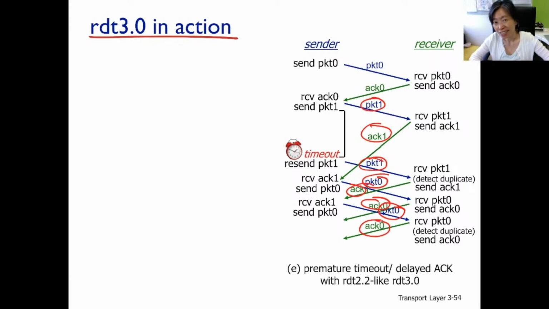Is that good? Even though we try to retransmit early. Not that good either, right? Comparing this case and the previous case. So a trade-off in the design of RDT 3.0 there. Okay, we thought that, hey, delaying everything till the timer expires is not that smart.